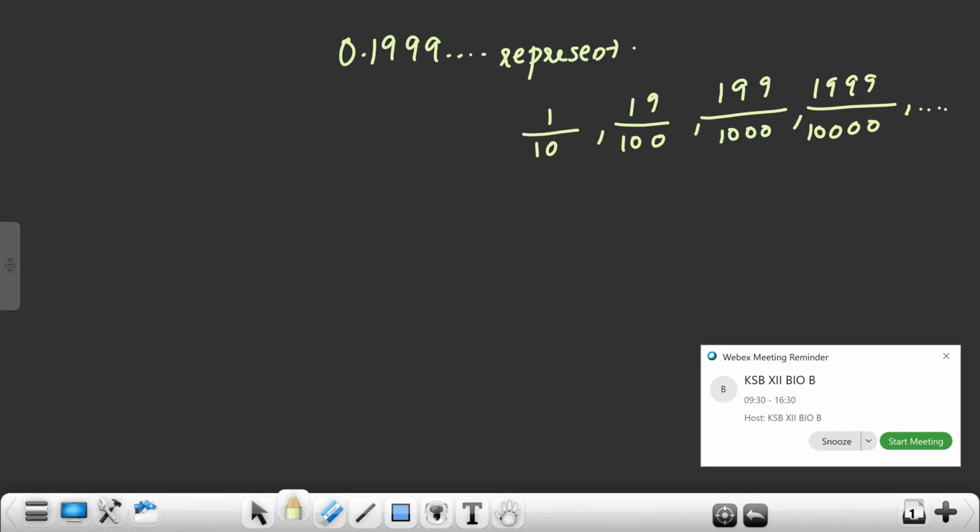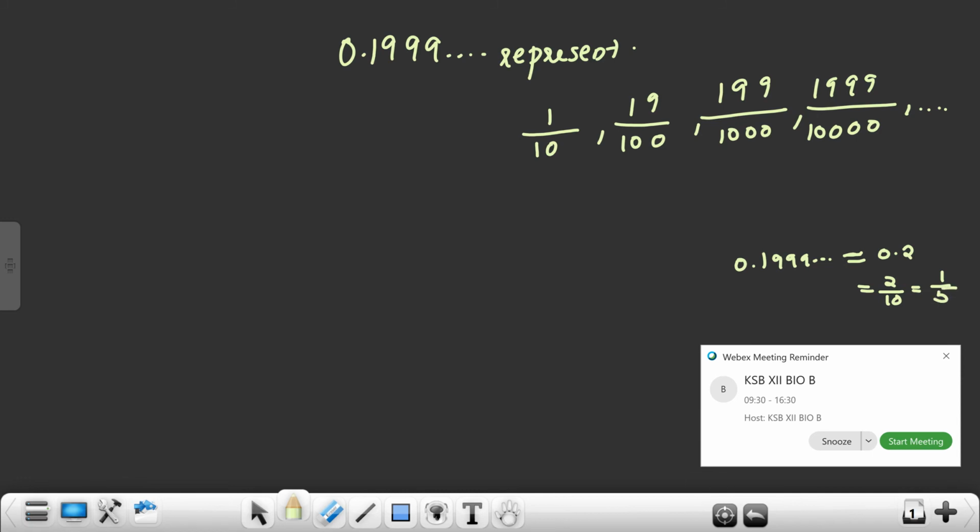Can you say? We know that 0.19999 etc. is approximately equal to 0.2, that is 2 by 10, that is 1 by 5.